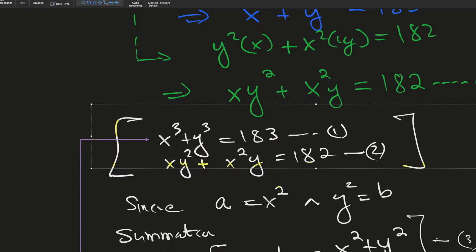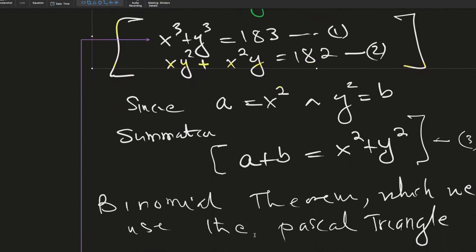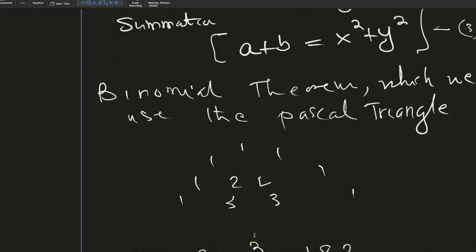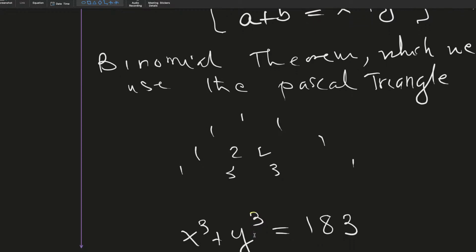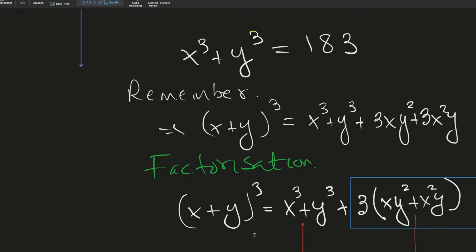Through that we were able to come out, invoking what we learned earlier, the binomial theorem, which also boiled down to using Pascal's triangle. We were able to generate this equation: x cubed plus y cubed equals 183.